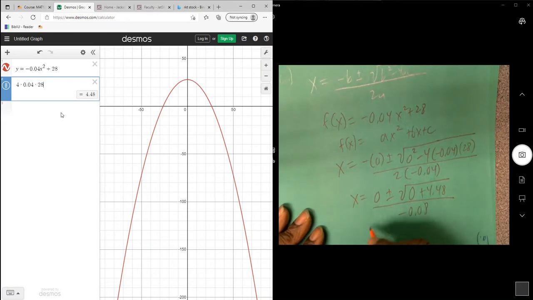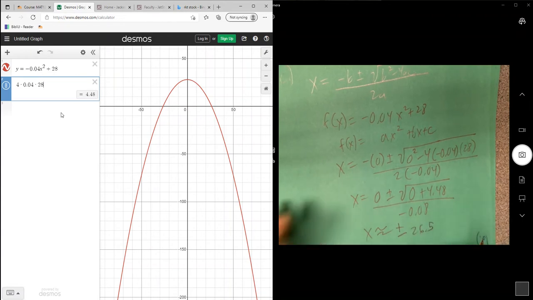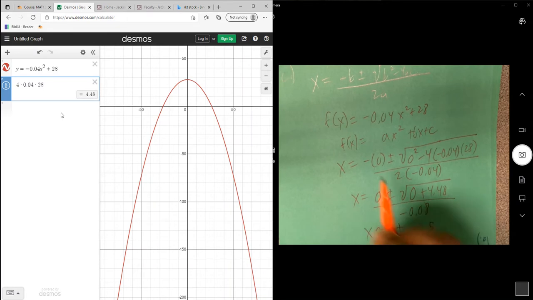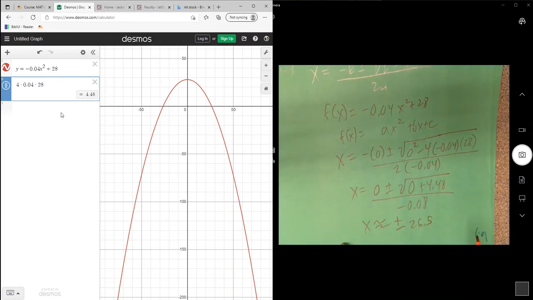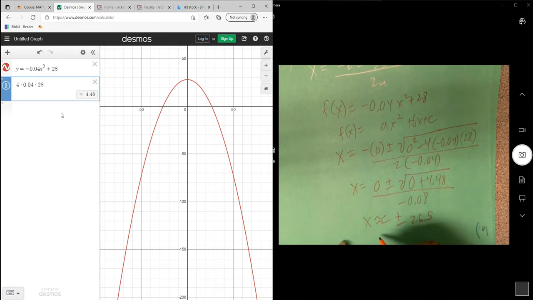And this will give us x approximately positive or negative 26.5. So basically, when you use the quadratic formula, you're finding the x-intercepts. So the x-intercepts will be 26.50 and negative 26.50. These would be your intercepts.